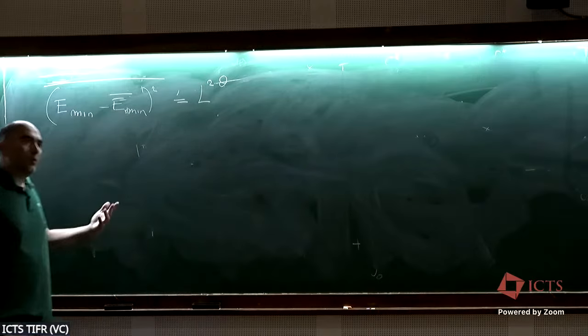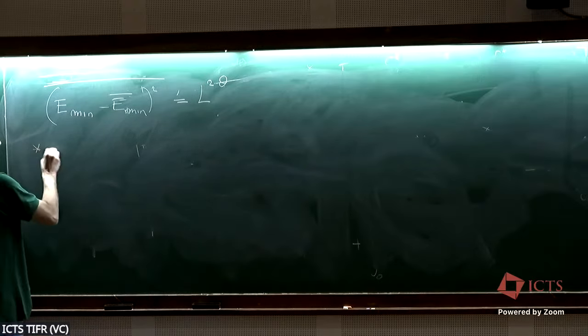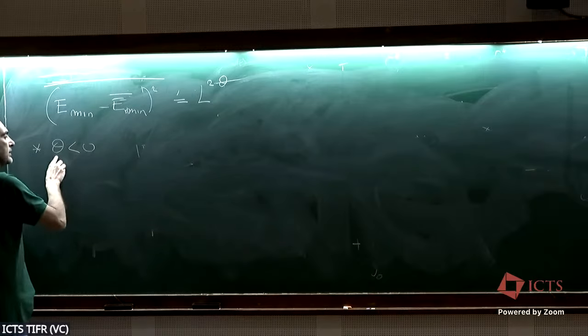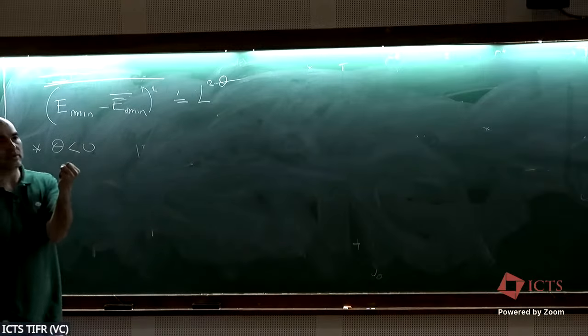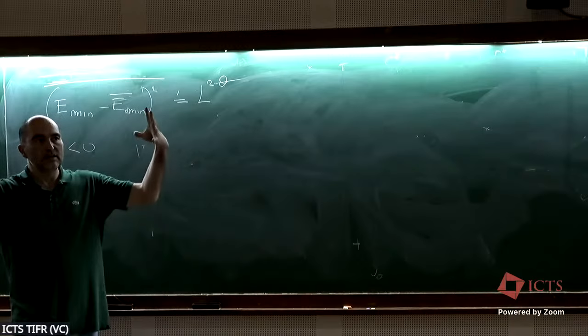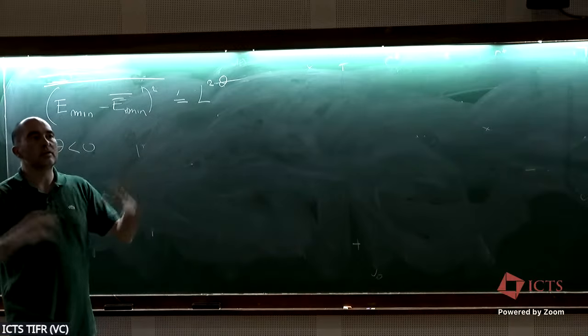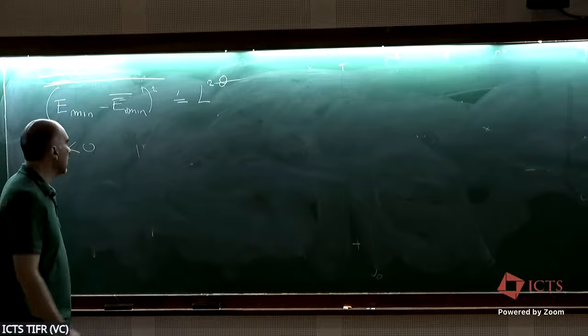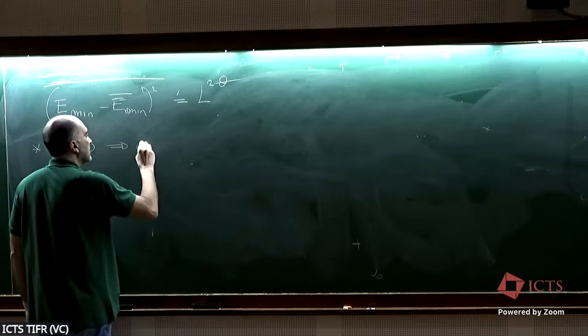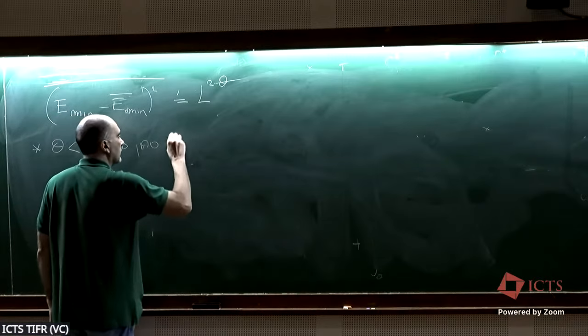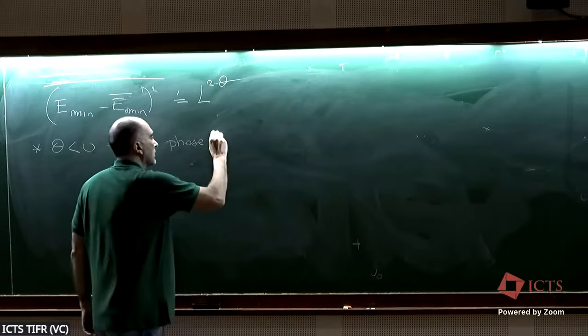So what you can have are the following things. I didn't discuss the case when theta is negative, when this fluctuation becomes very small. It means that you have a huge amount of states close to the ground state, so there is no phase transition and no glassy phase.